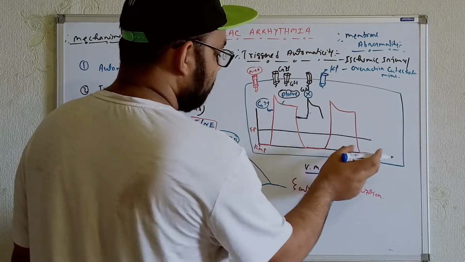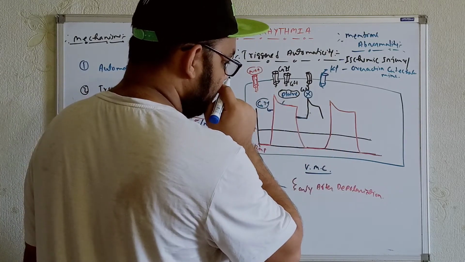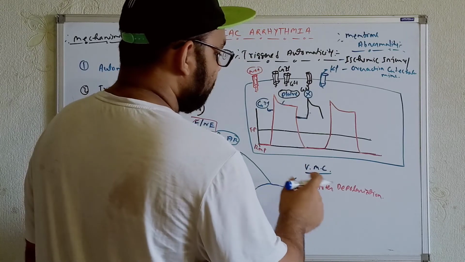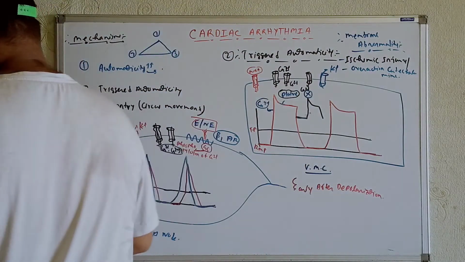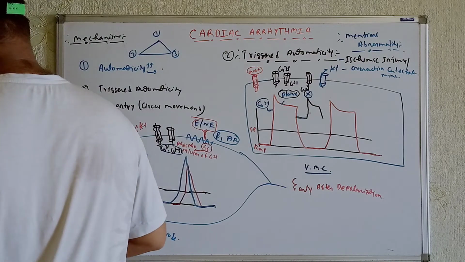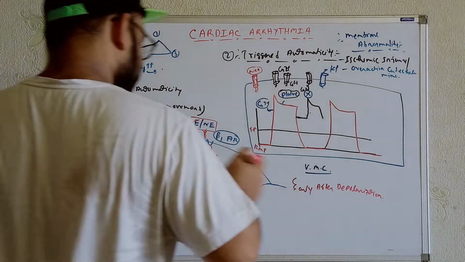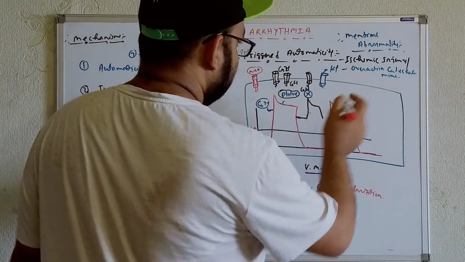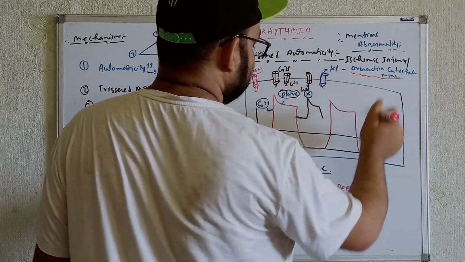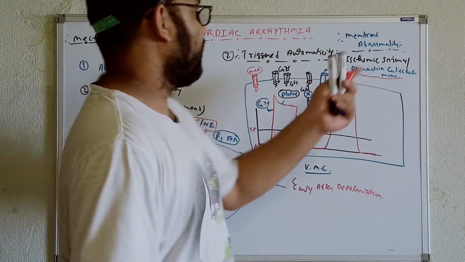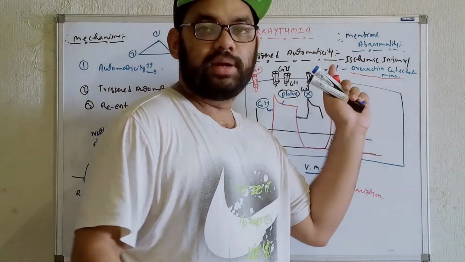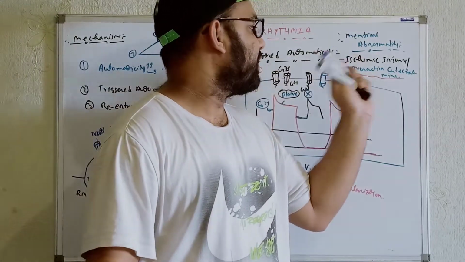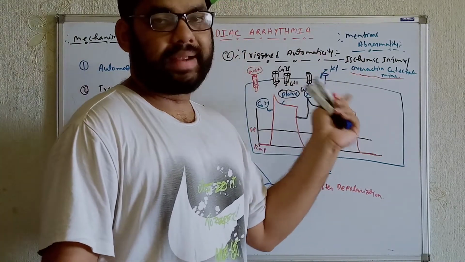That's why we have written it over here as early after depolarizations. We can also get delayed after depolarizations in these cases. Now see, for whatever the reasons, if we get membrane abnormalities, it may be ischemic injury, it may be overactions of the catecholamines.